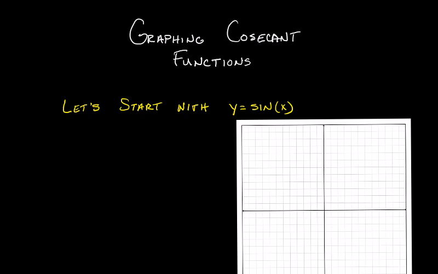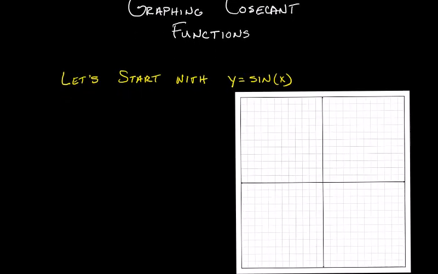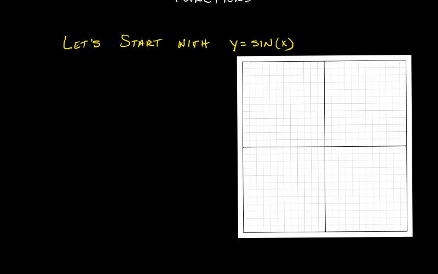But here we go. So I'm going to start by graphing y equals sine of x. So I'm going to put some points here. I go by 2's just so that everything's spaced out and looks nice.